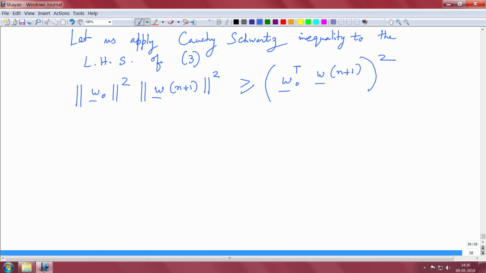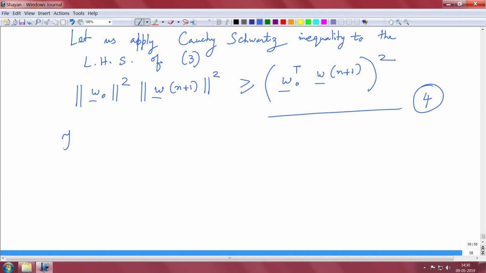A norm is an induced norm, so it is basically W naught transpose W. Now, let us call this equation 4, because on the right hand side we are trying to link this with n plus 1 times alpha, what we did, and that is the kind of idea of how we are approaching this problem.